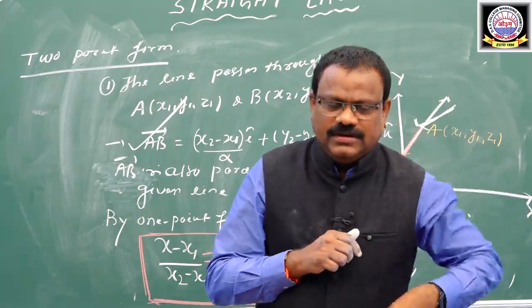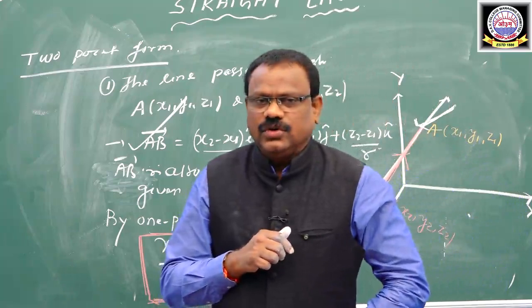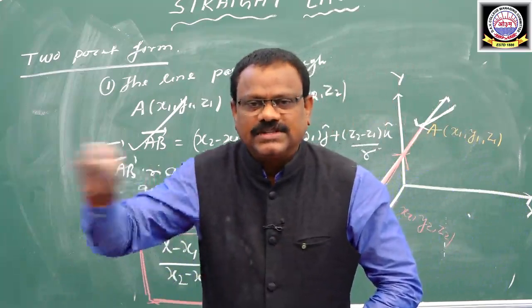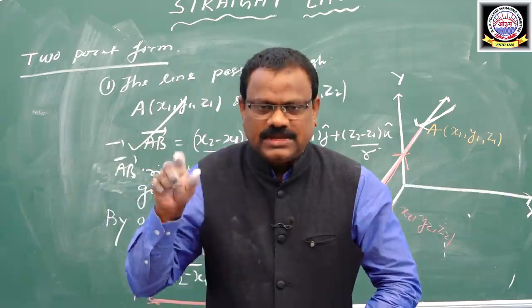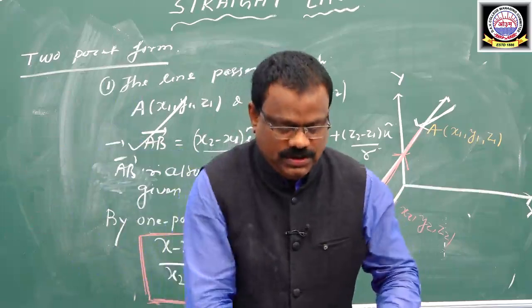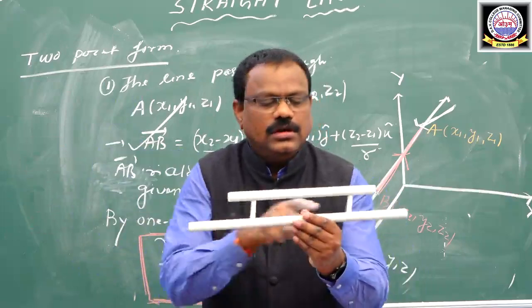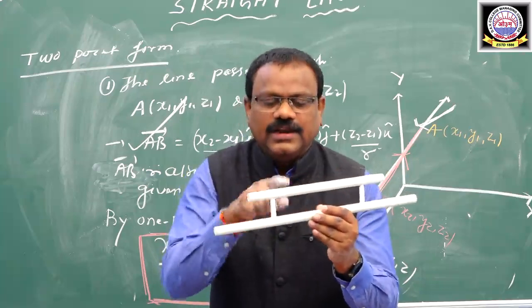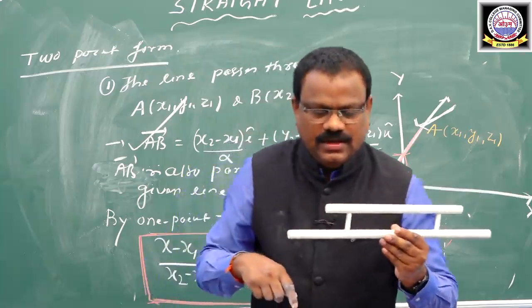Vector form was already discussed: r vector is equal to a vector, where a vector is the fixed point through which the line passes, plus lambda times the b vector. b vector is the vector which is parallel to the line. So this is the line, and this is the b vector, always parallel to it.